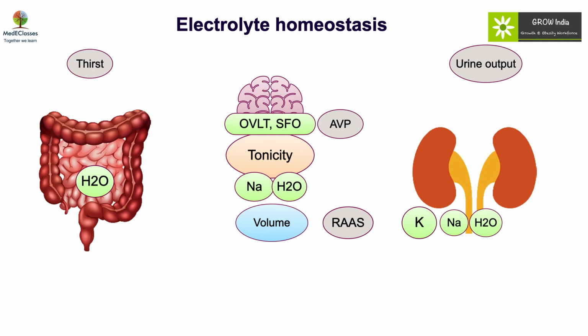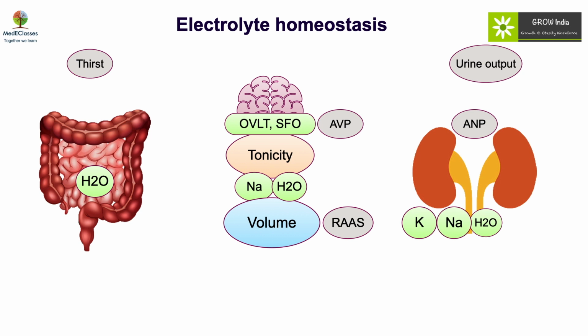Conditions associated with deficiency in the renin-angiotensin-aldosterone system, which include congenital adrenal hyperplasia, adrenal insufficiency, aldosterone deficiency, and aldosterone resistance, will all result in hyponatremia and hyperkalemia, which is the classic manifestation of salt wasting. Now, if the volume goes up and sodium goes up, we have the atrial natriuretic peptide, which will push the sodium out. So there are two mechanisms, AVP and RAS, which are building up the volume and sodium, while ANP is pushing out the sodium.